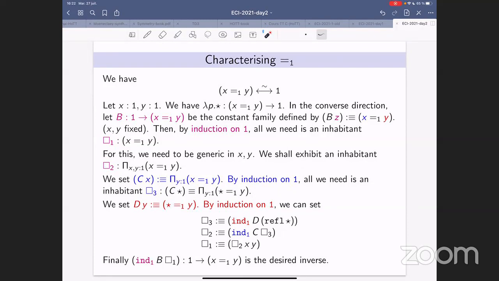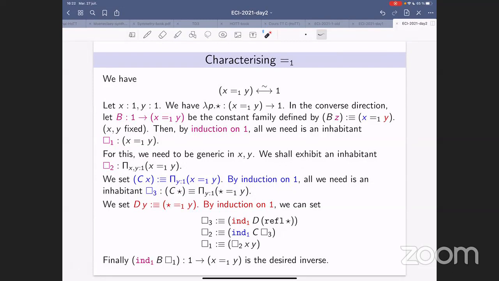So it's another way to say that equality types sometimes can be avoided because here this doesn't refer to equality type. Okay, so let's do this proof.